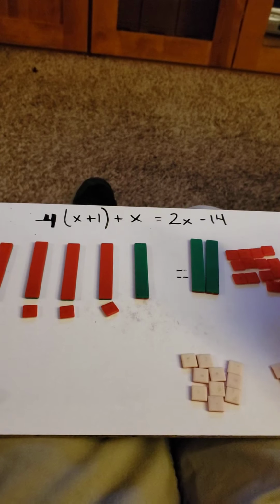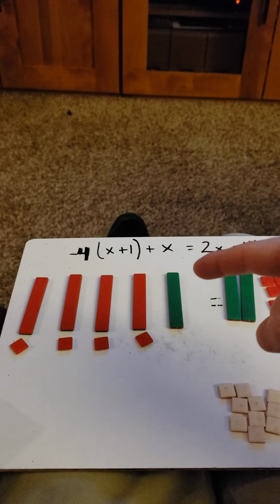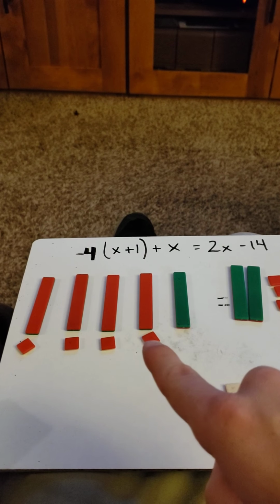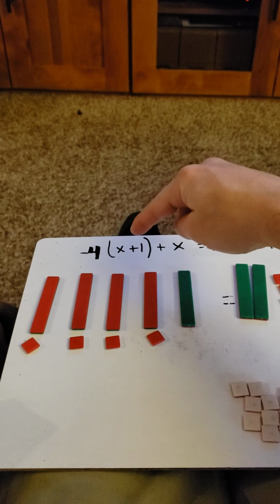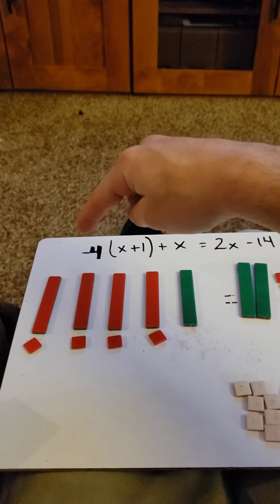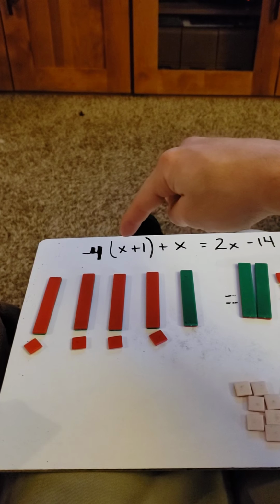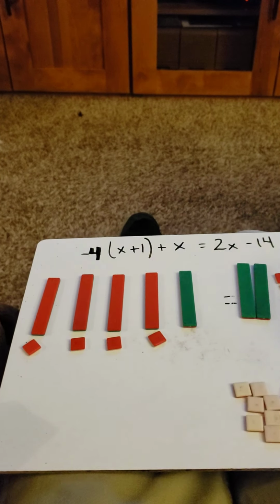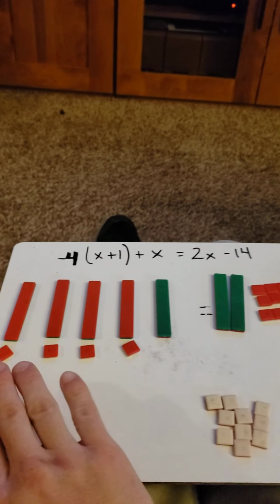There we go. So we have the negative 4 times x plus 1, and we're basically putting in 4 groups of x plus 1, but the opposite of x plus 1, because the negative sign is before the 4, which is in front of this right here. So we're going to do this the same exact way to start off with.